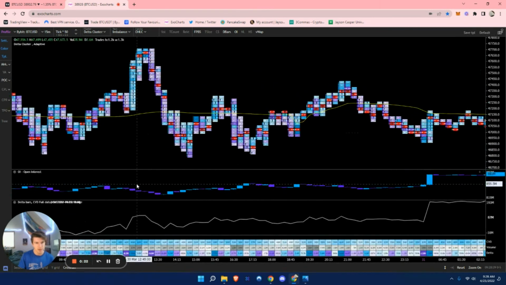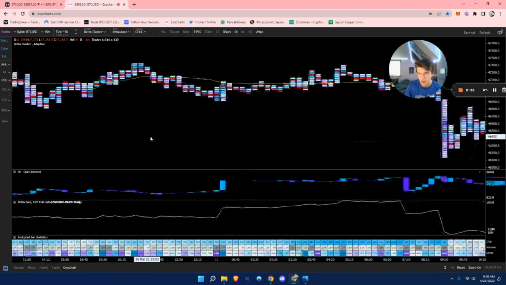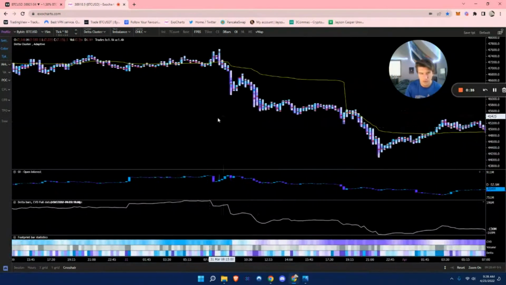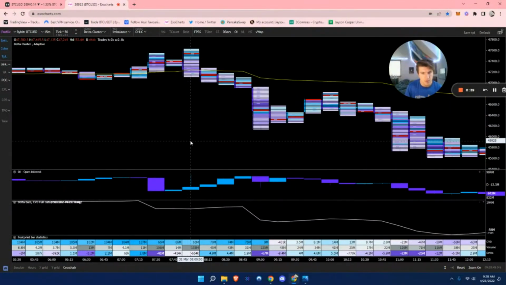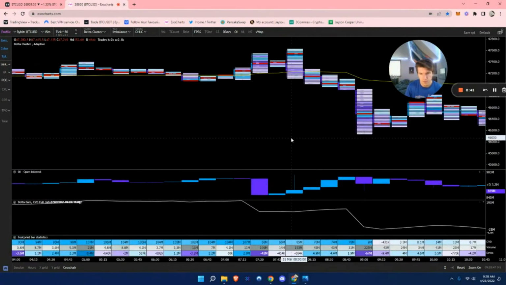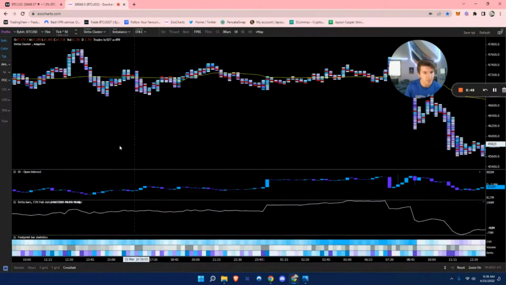And again, you can look at the toolbar or the footprint statistics on here. If we point up, we got 62 million CVD, and then zooming out to this guy, here we got about 65 million CVD, so an increase in CVD either way.